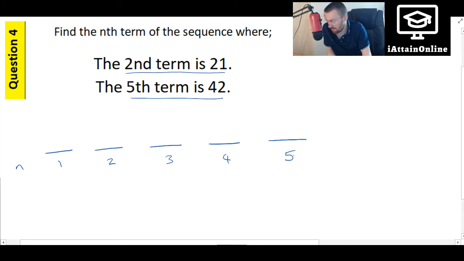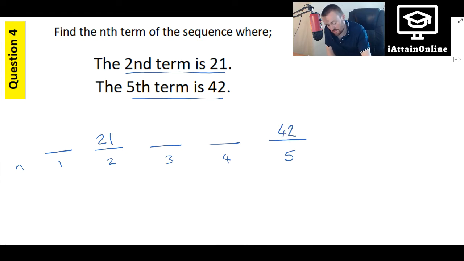That is just the number of the term in the sequence. We are told a couple of things here. We are told that the second term is 21, so I'm going to write 21 in the second box there, the second line. The fifth term is 42. So that's all the way up here.